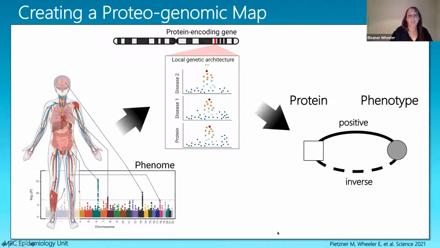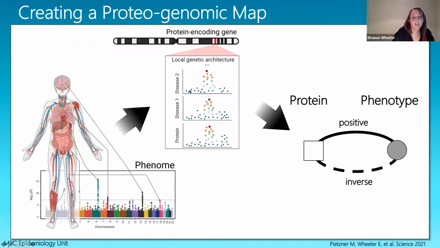So then we went on to systematically assess the sharedness of gene protein disease triplets through a phenome-wide co-localization of cis-pQTL regions to create a genetically anchored map of proteins involved in common complex diseases. Essentially, we took multiple phenotypes, since summary statistics are available for all the phenotypes that we could find.